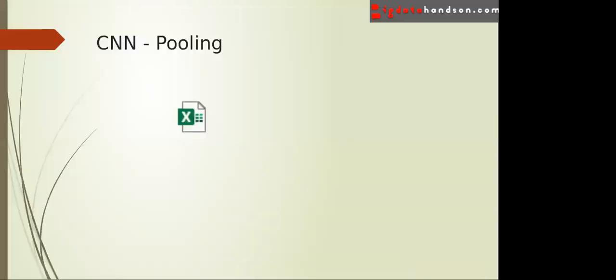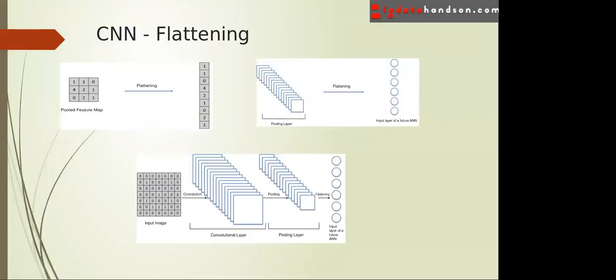Okay. Now the third step, the flattening layer. The flattening layer is nothing but converting the two-dimensional or three-dimensional matrix to a one-dimensional, single column, right?